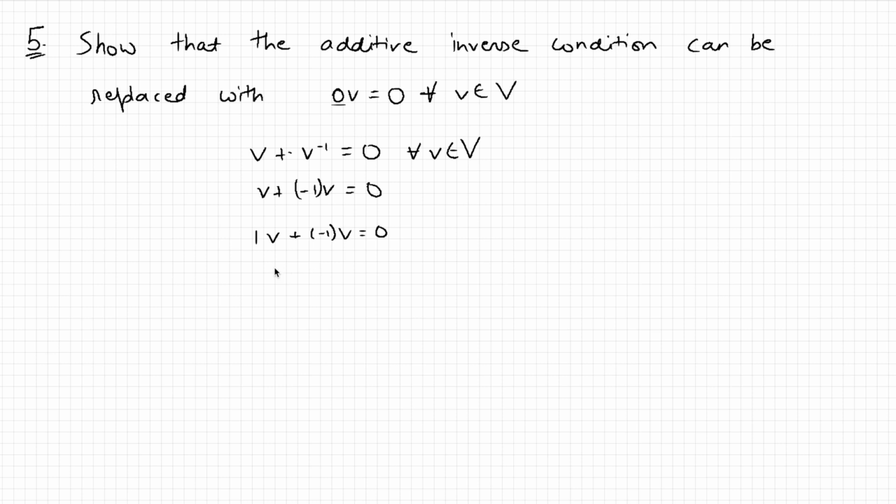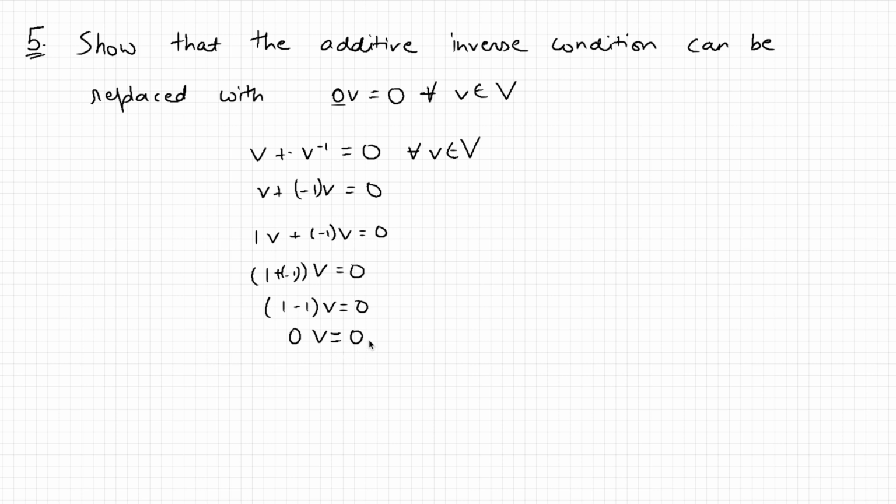distributive law. We can take v out and write this as (1 plus (-1)) times v equals 0. Now -1 is a real number, so we can write it as (1 minus 1) times v equals 0. And what is 1 minus 1? It is 0, the number, and this is 0, the additive identity.